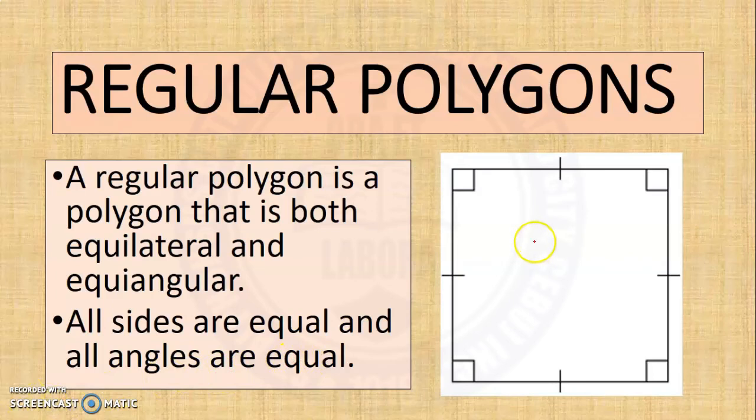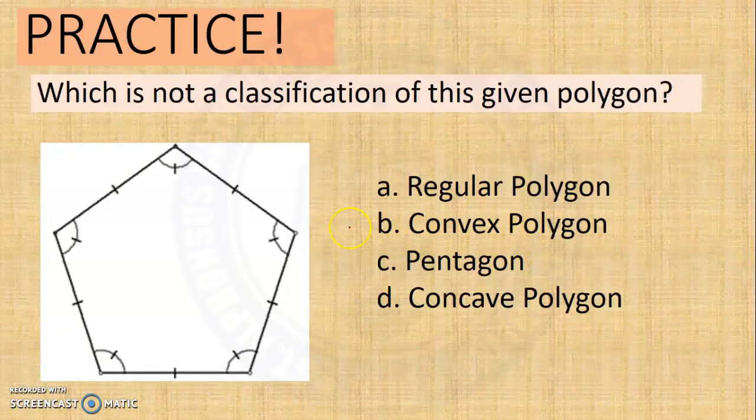Now let's have examples. Which is not a classification of this given polygon? Let's take a look at this figure. As you can see, we have tick marks on the sides, which means this polygon is equilateral.